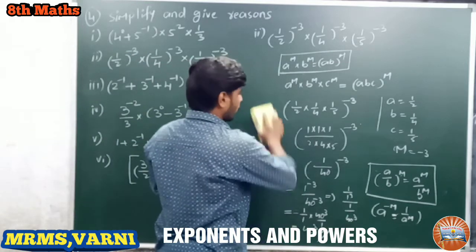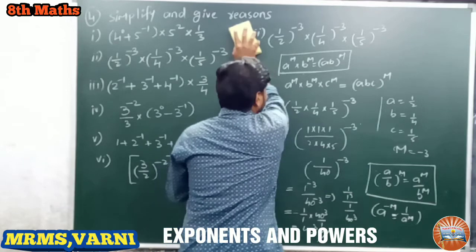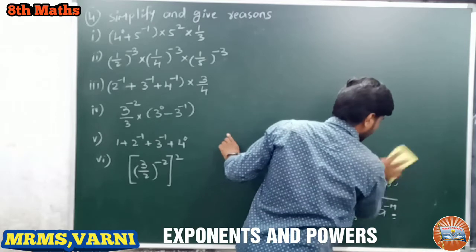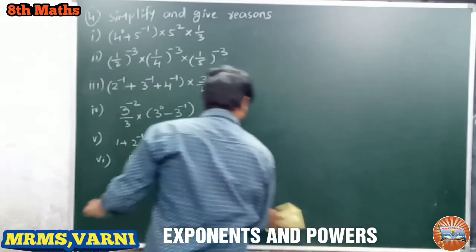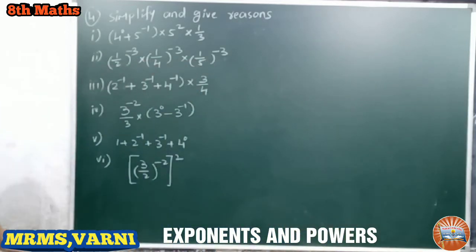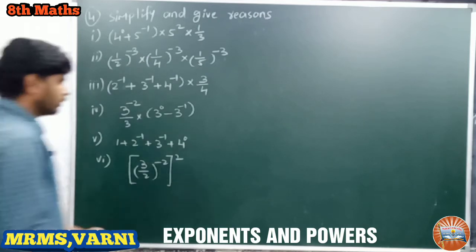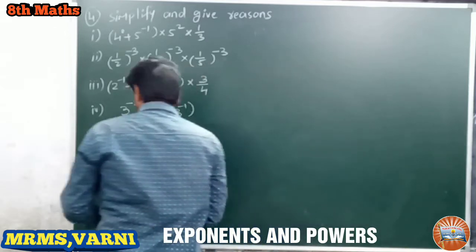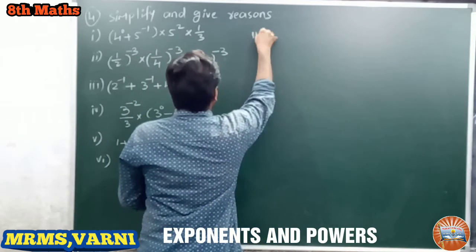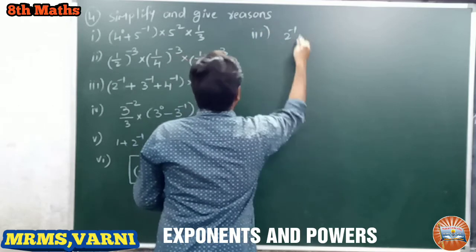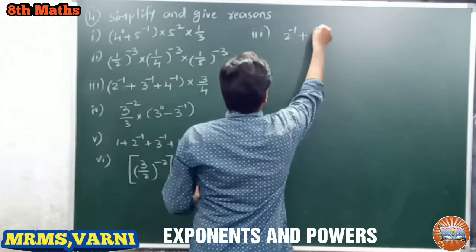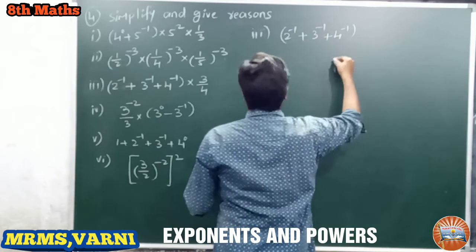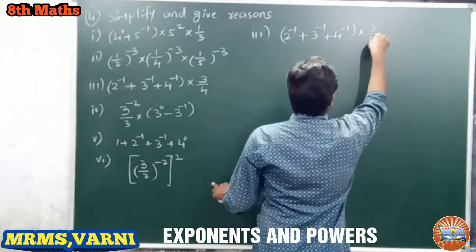Okay, now I am going to erase this. Next, problem number 3. 2 power minus 1 plus 3 power minus 1 plus 4 power minus 1 into 3 by 4 it is.